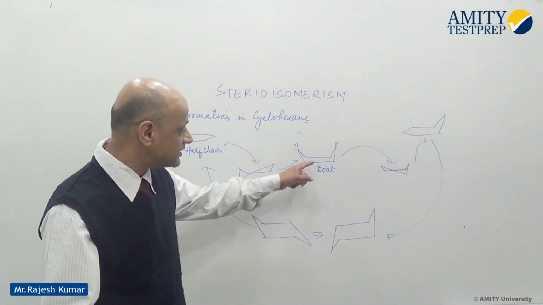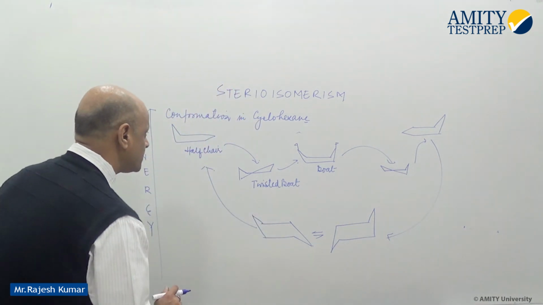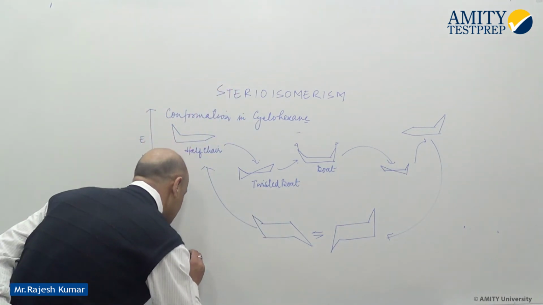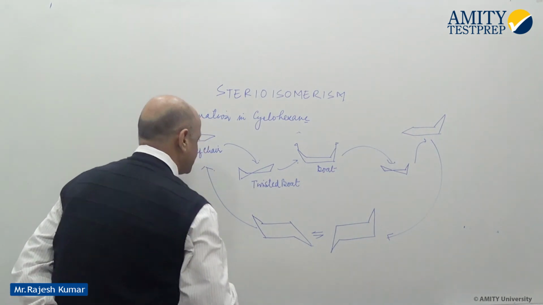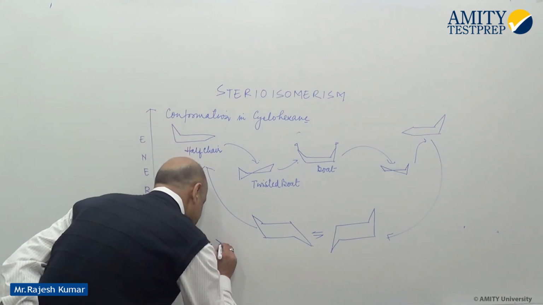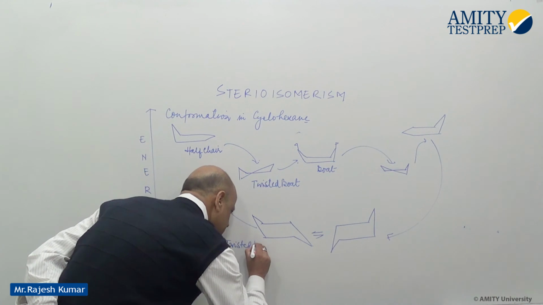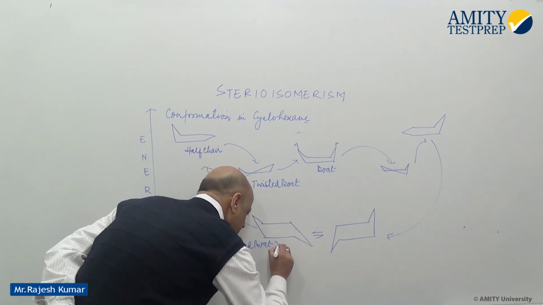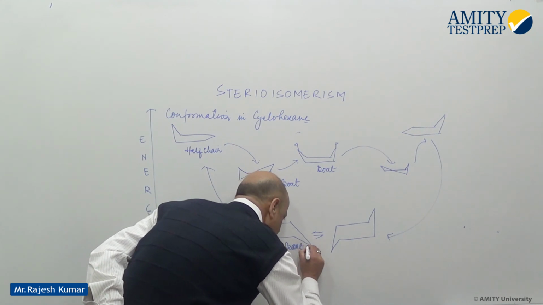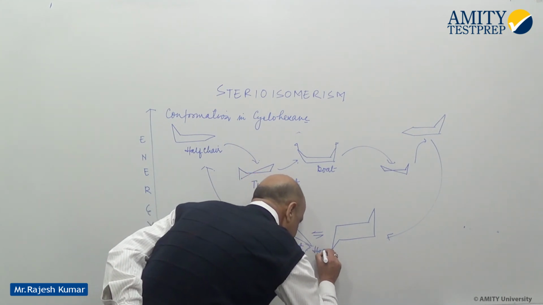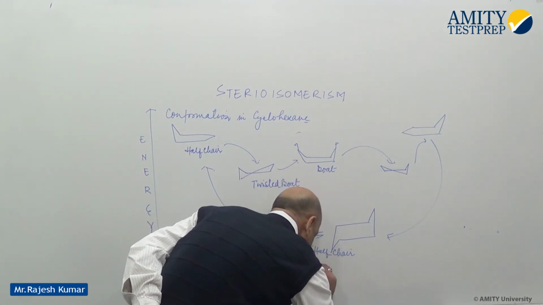That's why it is less stable. So the stability order in case of conformational isomerism of cyclohexane is chair model, followed by twisted boat, followed by boat model, followed by half chair. And this conversion is called ring flip.